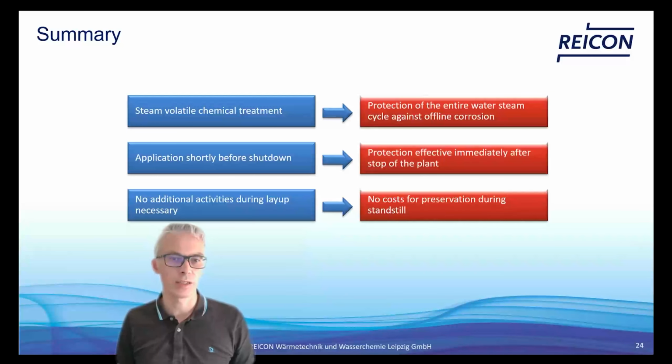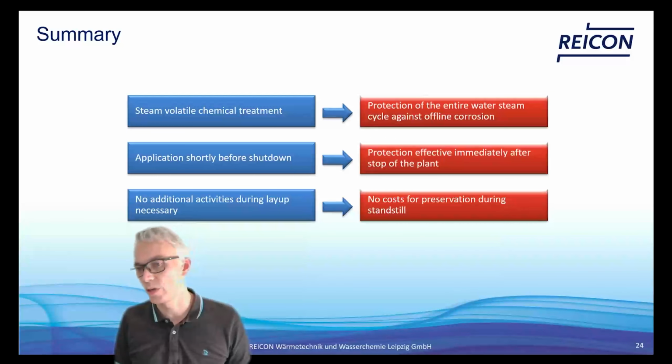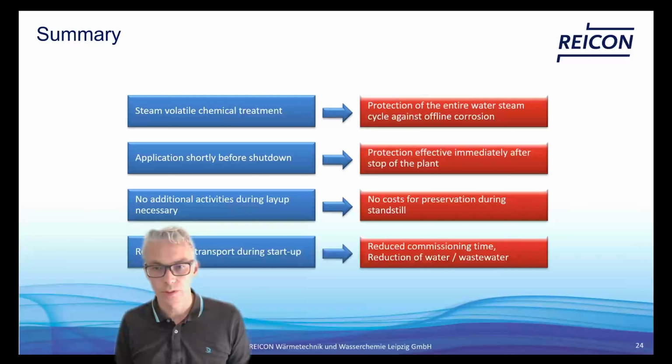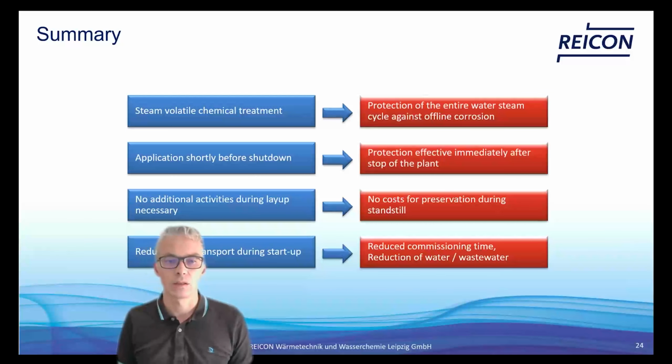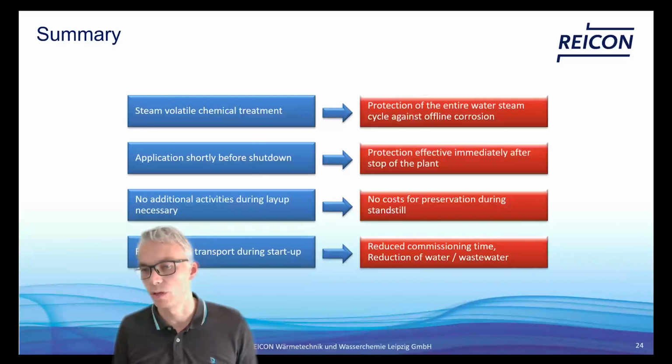There are no additional activities necessary during the layup, so the OPEX, the costs for the preservation during standstill, are 0. And during the startup, there is a reduced iron transfer, which can lead to a reduced commissioning time, and for that, a reduction of water and wastewater.